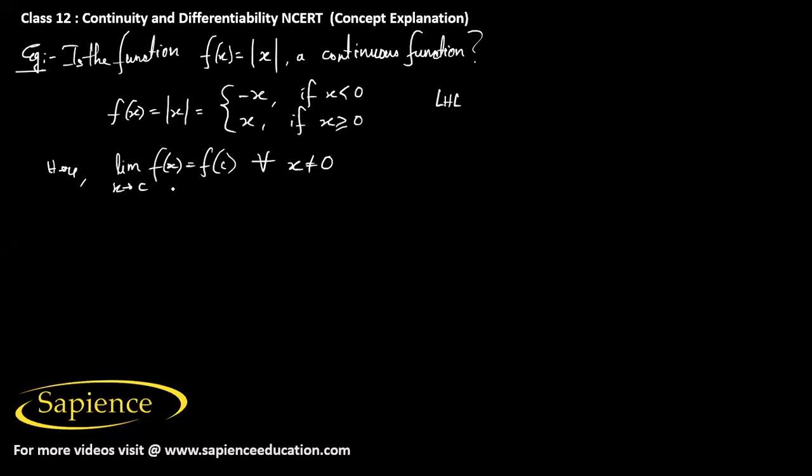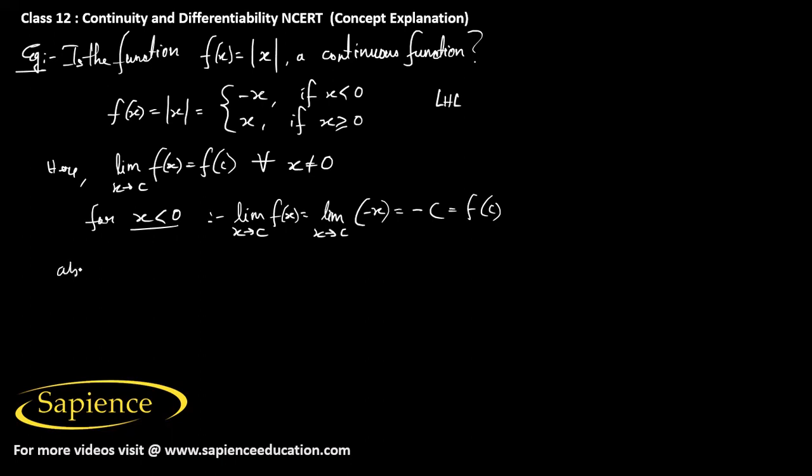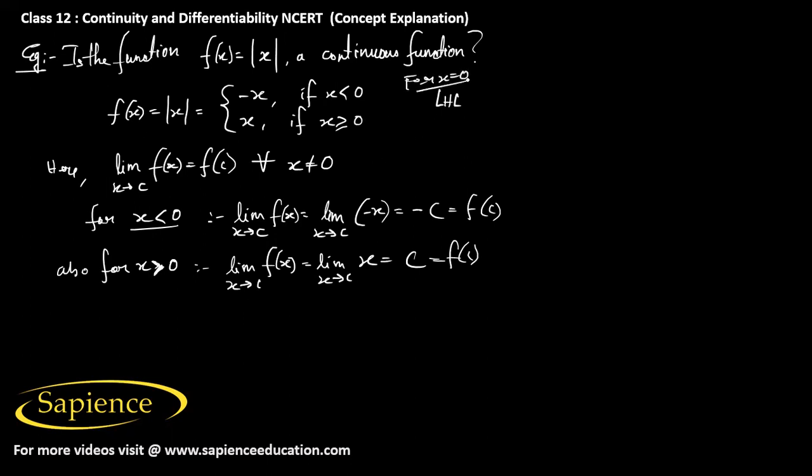Since for any value x less than 0, limit x tends to c of f of x equals limit x tends to c of minus x, which is minus c, which is equal to f of c. And for x greater than 0, limit x tends to c of f of x equals limit x tends to c of x, which is c, which is equal to f of c. But for x equal to 0, we have to check the continuity.